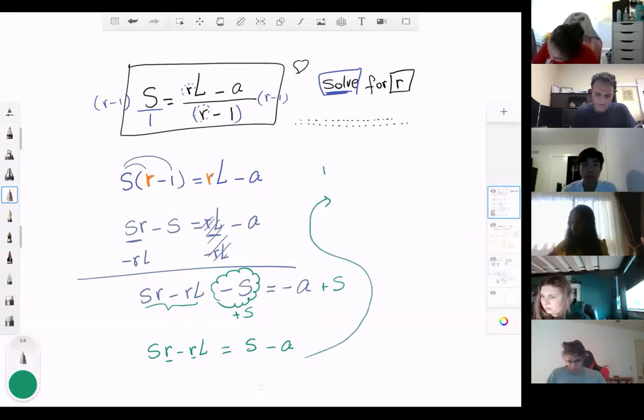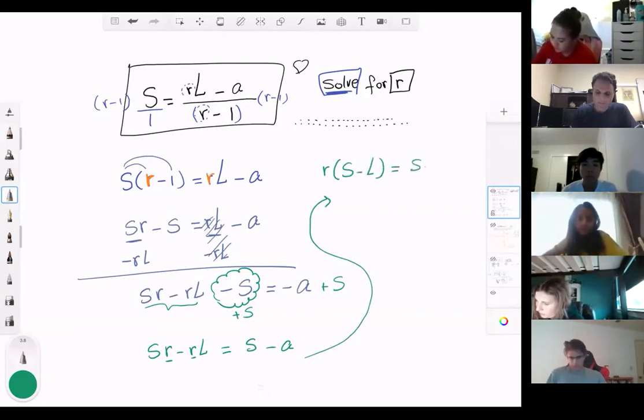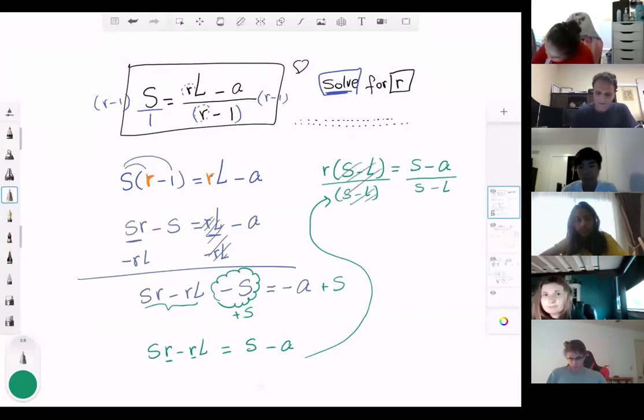So I'm going to factor the R, R times (S minus L) equal to S minus A. I divide by S minus L. We solve R, which is S minus A over S minus L.